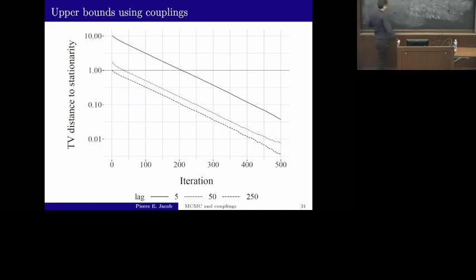In a surprising generality, there is a coupling of those chains such that you would have an equality between this distance and the probability that the meeting time occurs later. These probabilities are, again, under the chain started at x and y. The inequality is always true for all couplings.